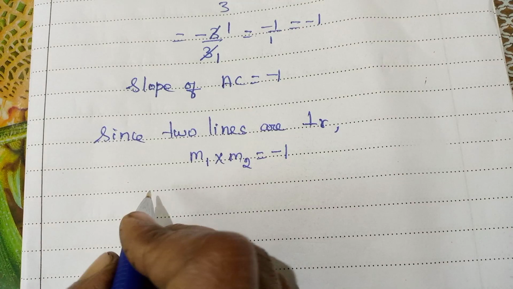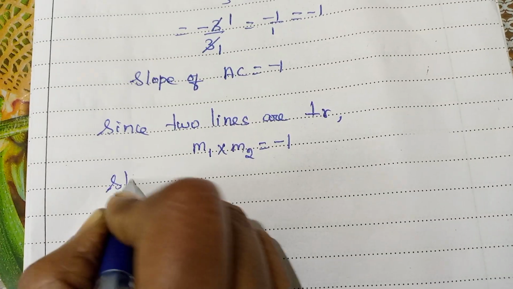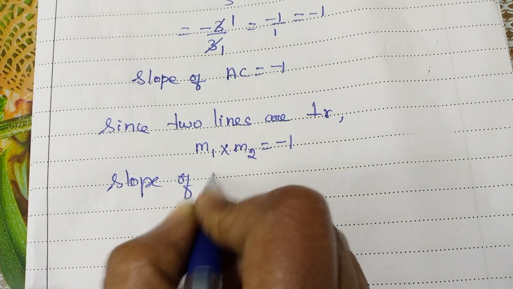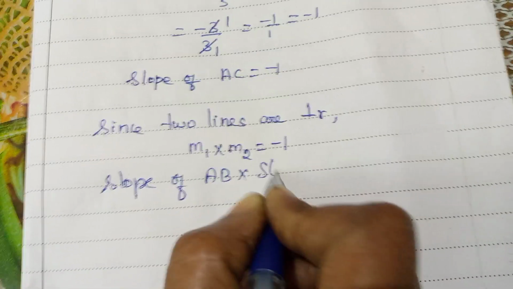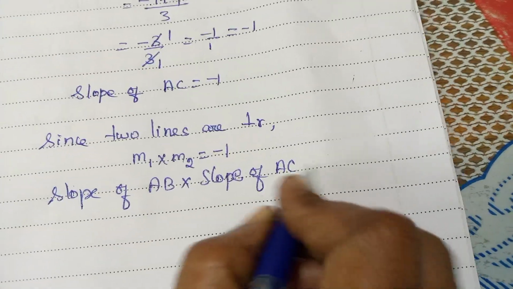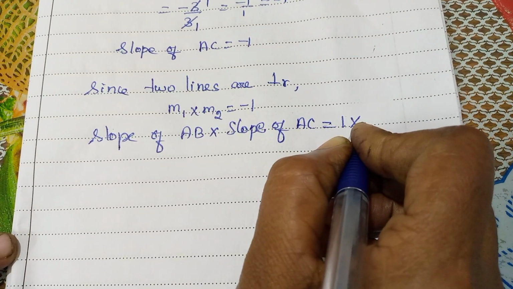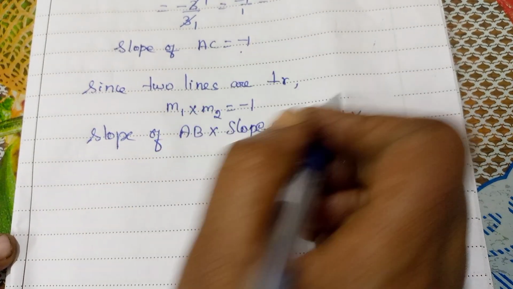Here let us multiply the slope of AB and AC. Slope of AB into slope of AC equal to, what is the value of slope of AB? 1. What is the value of slope of AC? Minus 1.